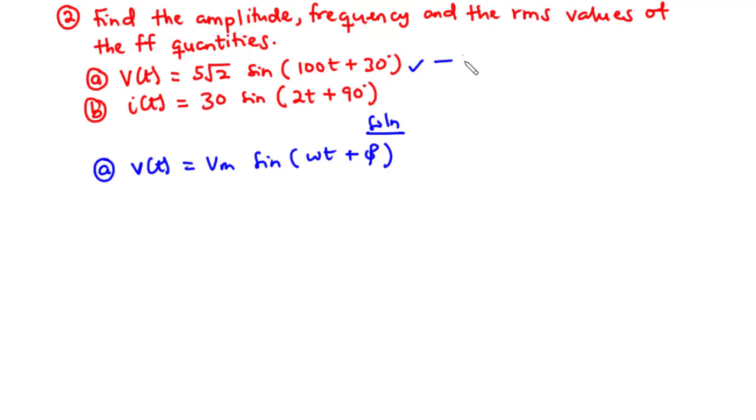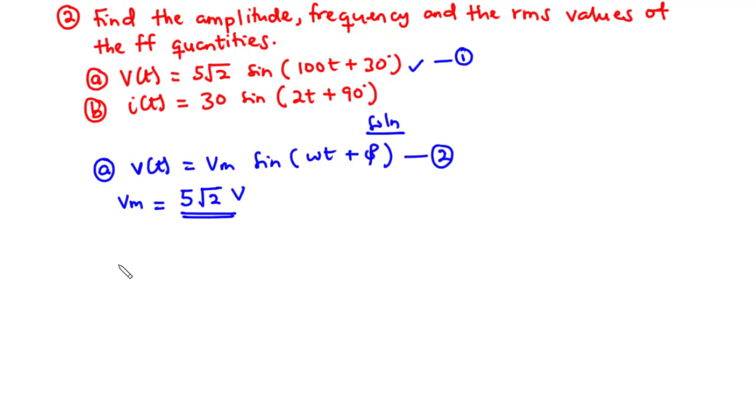Now let's call this equation 1. Let's call this equation 2. Now to find the amplitude, we know that the amplitude is Vm, and comparing the two equations, you realize that the amplitude is 5 root 2. So we have 5 root 2 volts. So that is the amplitude.